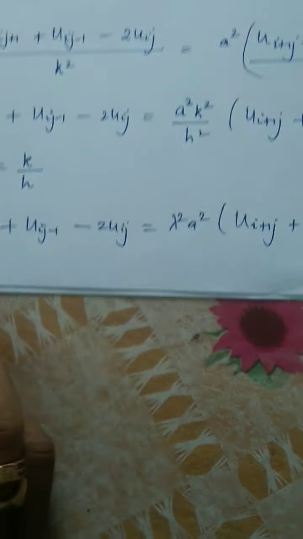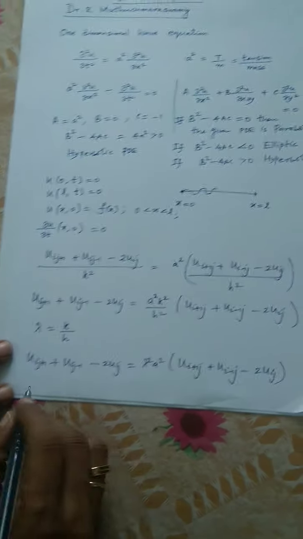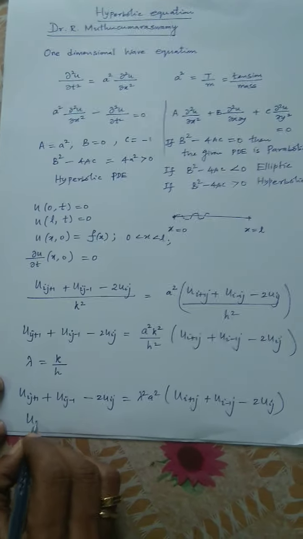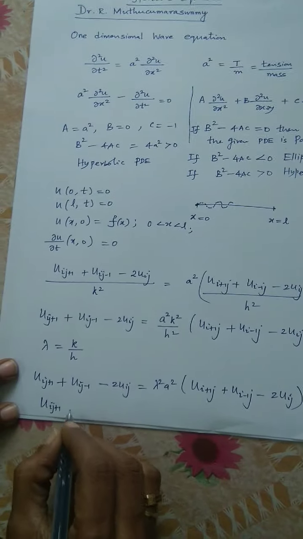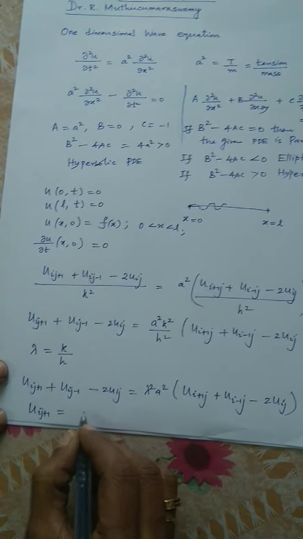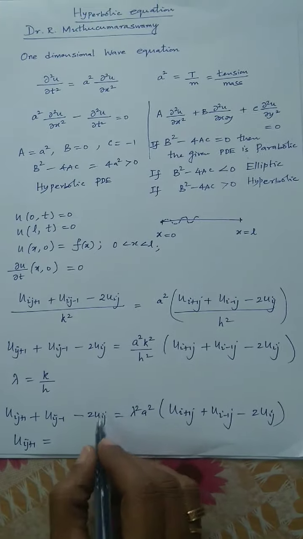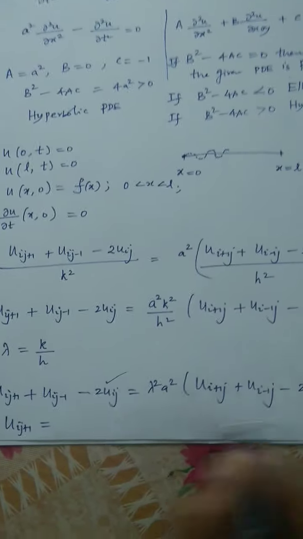So I'm going to combine now these two equations in a simple form. So u(i, j+1) equal to, so 2 is common, let us take these two are common.